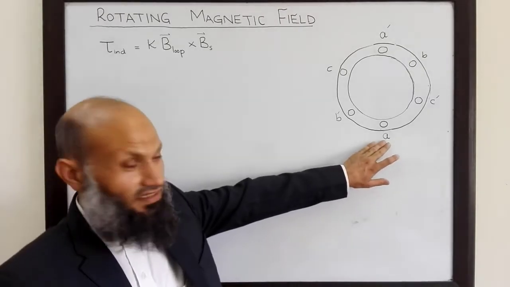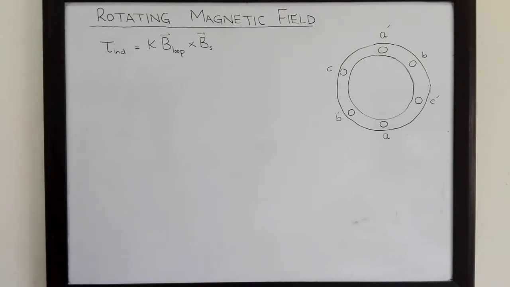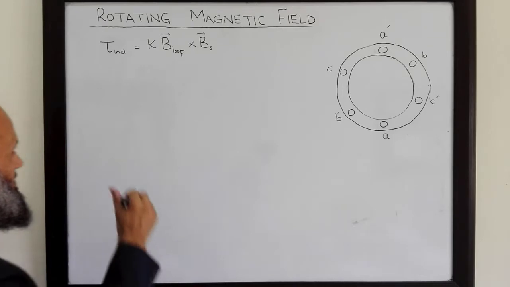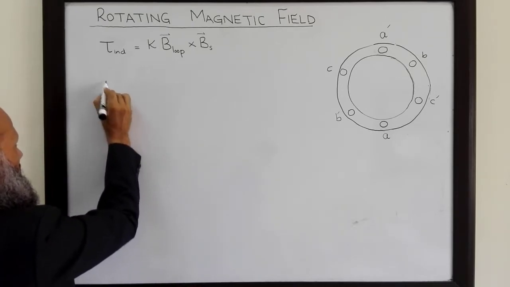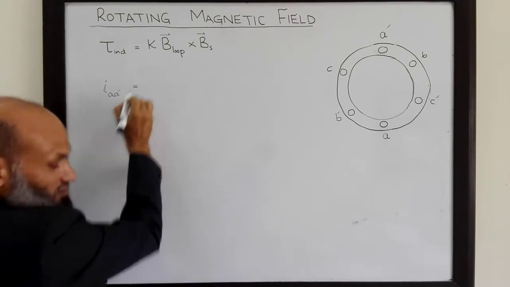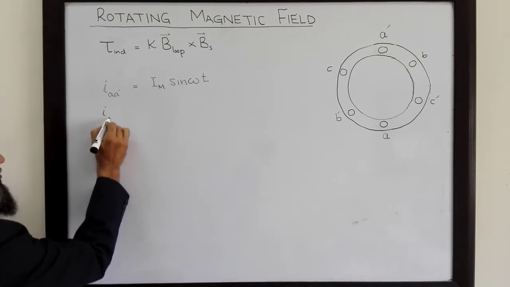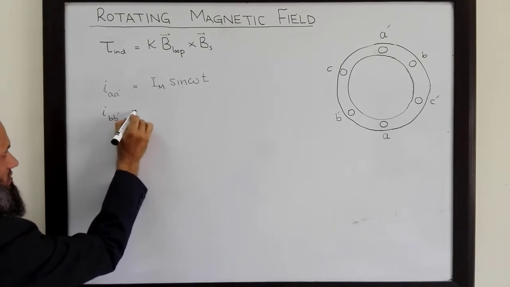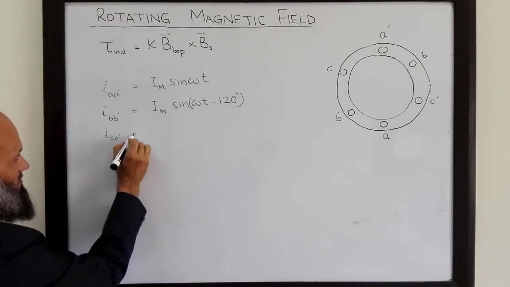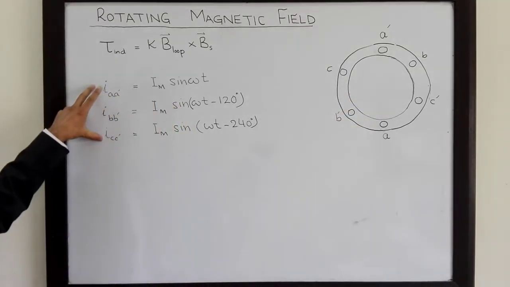So we have a set of three-phase coils on this stator, and these coils are supplied by three-phase currents. That is, the current flowing in coil AA dash is given by, and the current in coil BB dash, that is, and CC dash, that is, three sets of coils supplied with three-phase currents.